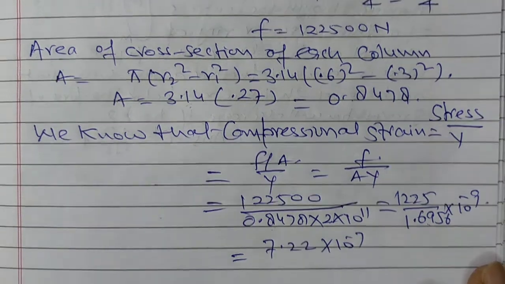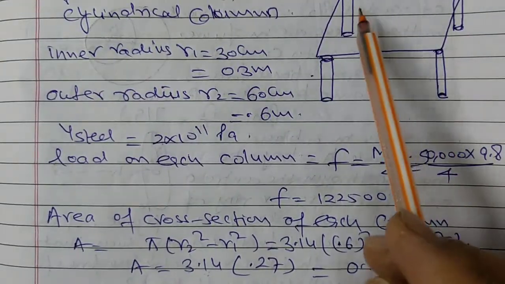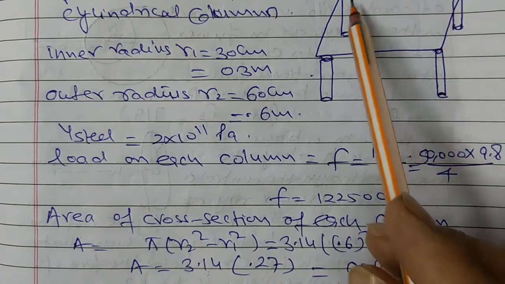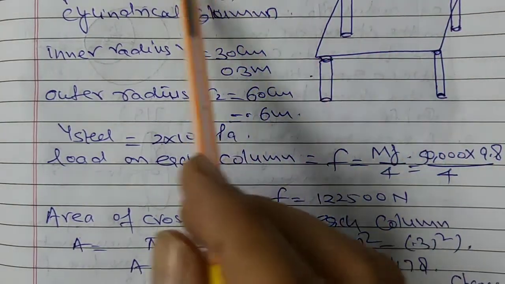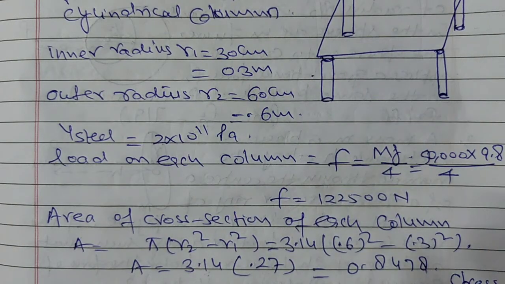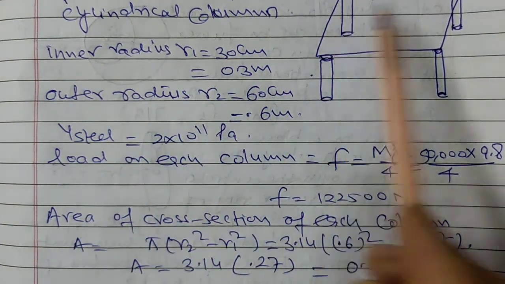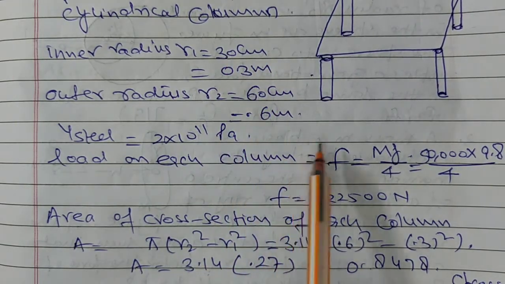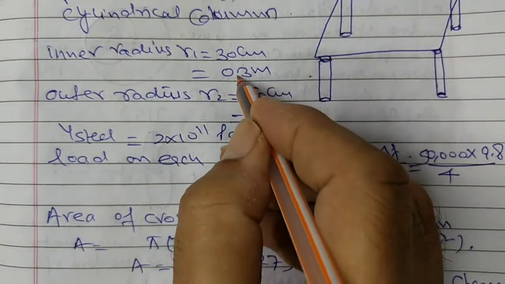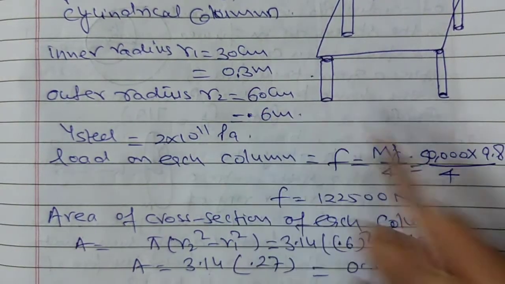क्या किया हमने इन this question? This big structure is supported by 4 cylindrical columns, and the mass of this big structure is 50,000 kg, and the inner and outer radius are given 30 cm and 60 cm. Converted to 0.3 meter and 0.6 meter.